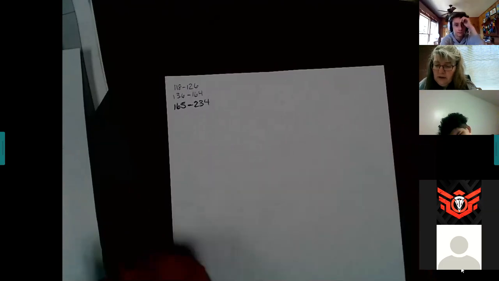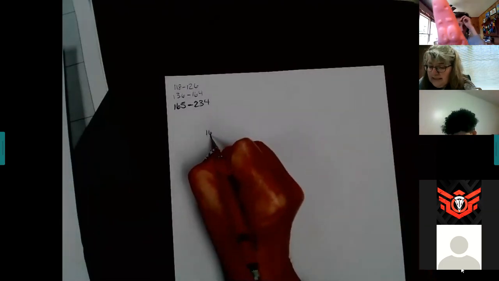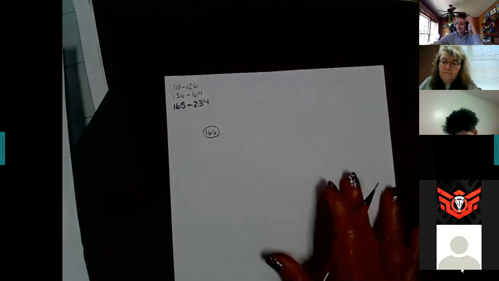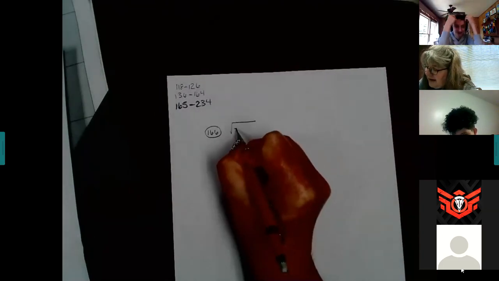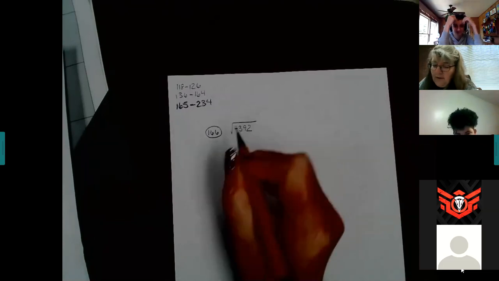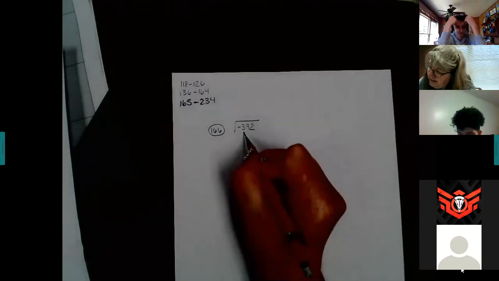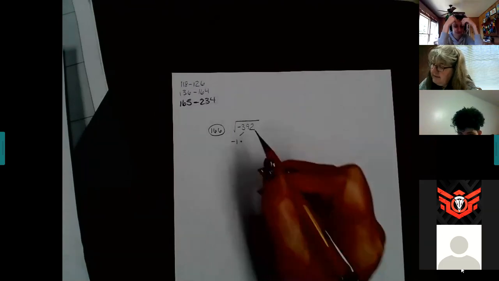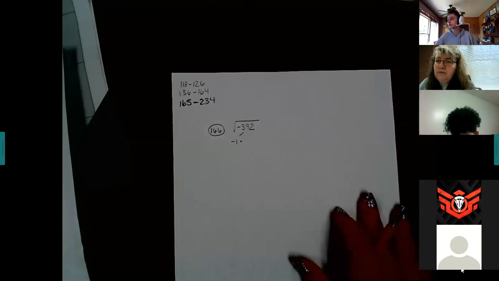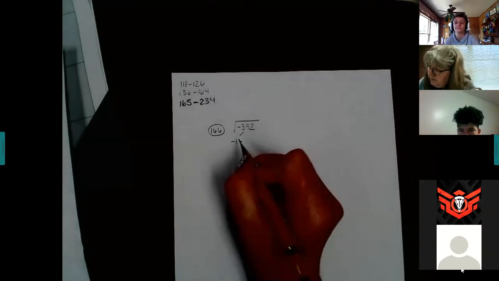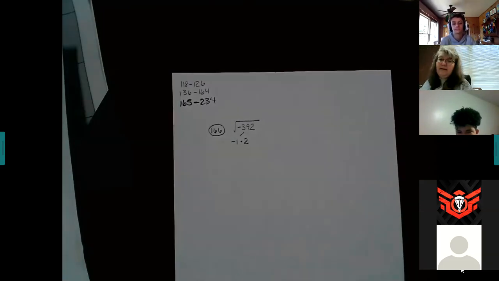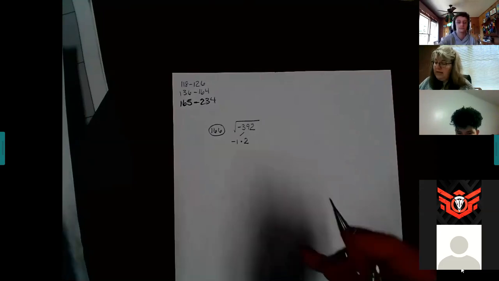Okay, so look with me at problem 166. The square root of negative 392. How do I do that problem? Factor tree. So it's negative 1 times positive 392. What goes into 392? 2. 392 divided by 2 is 196.